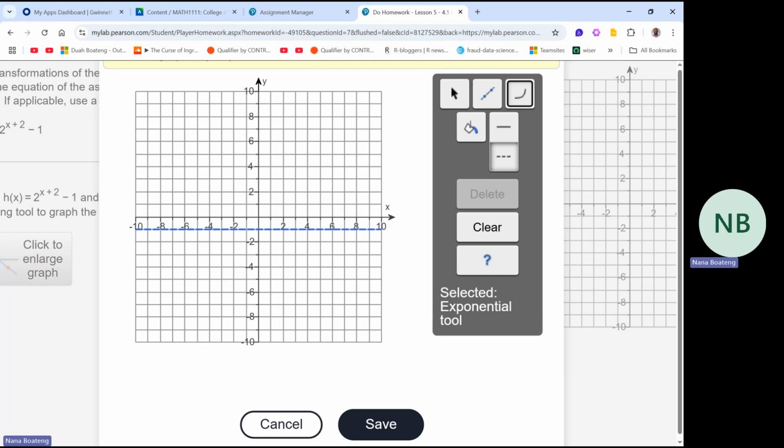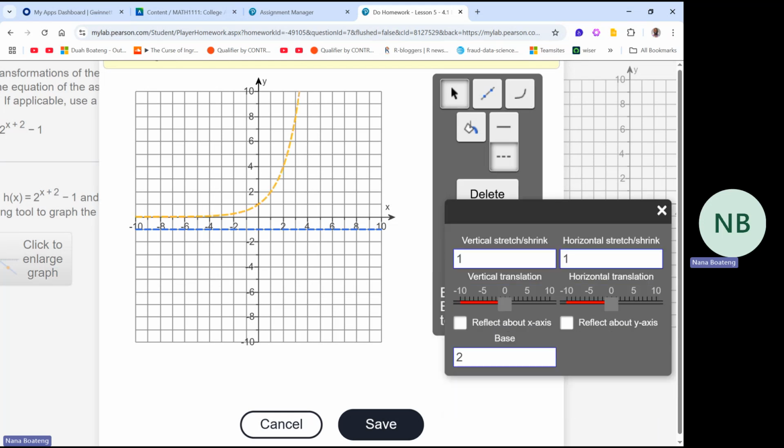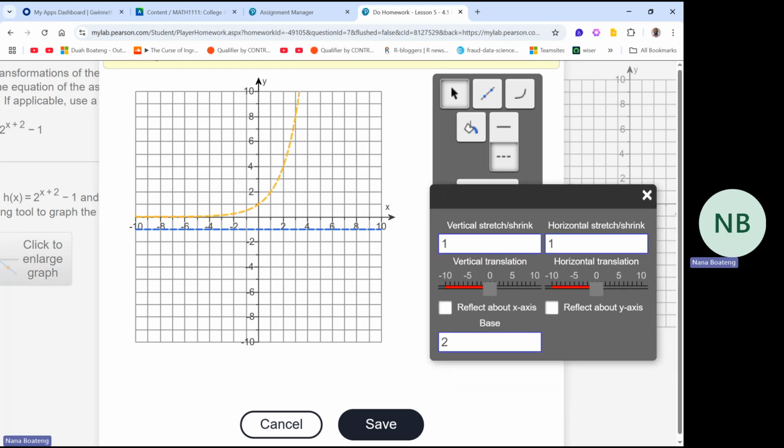I'll click on the solid line for the exponential function and I'll type anything here, right? And I get this. All right. So this is not the graph that I want, right? So now I'll use this utility here to shift the graph to the points that I want.